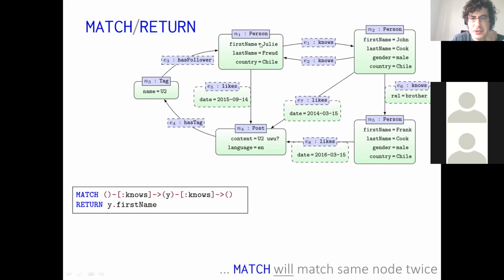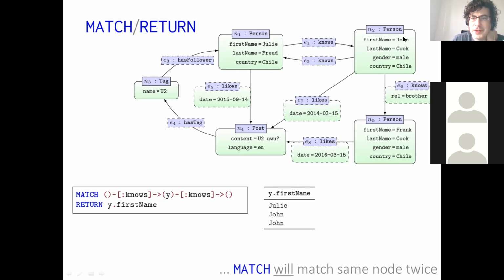We're repeating the same node twice, but we're not reusing the same edge. We're using a different edge, E2 and then E1. So we have John, Julie, John, but we're not reusing the same edge, and this is allowed. So in this case, John will be a result for Y and Julie will be a result for Y.